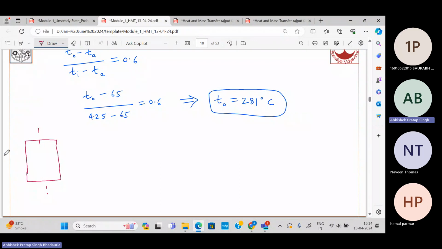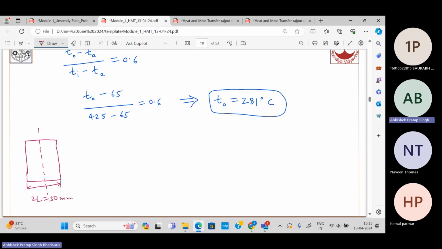The thickness of this plate is 2L, that is equal to 50 mm.